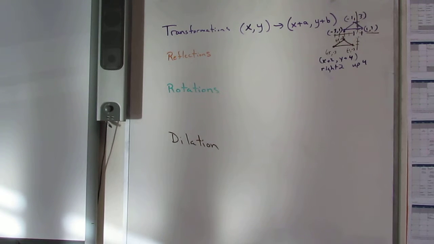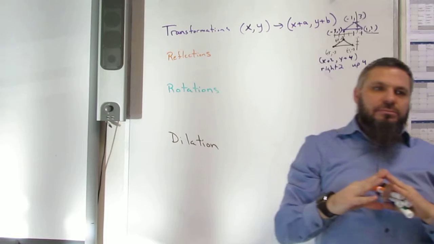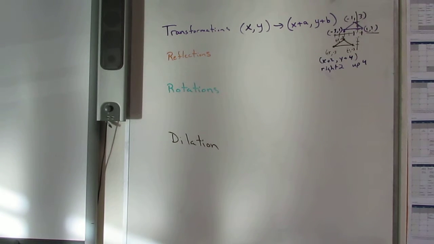Translation means I'm moving that triangle or pentagon or hexagon or whatever it is, right or left, and then up or down. Right or left or up or down. That's translation, and that's always adding.